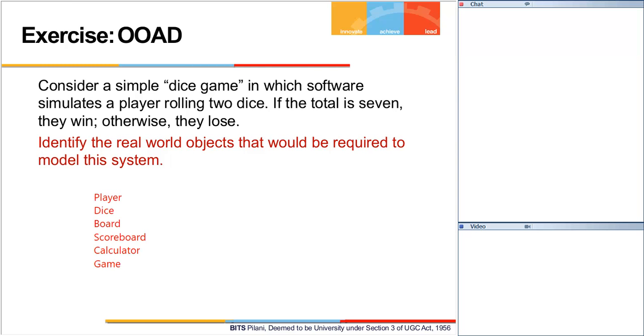So there is player 1, there is player 2, there is dice 1, and there is dice 2. Okay. I think most of you have written this only, and some additional I could see, right?